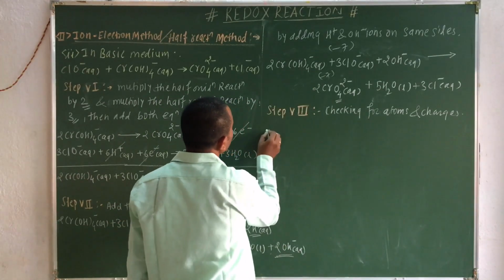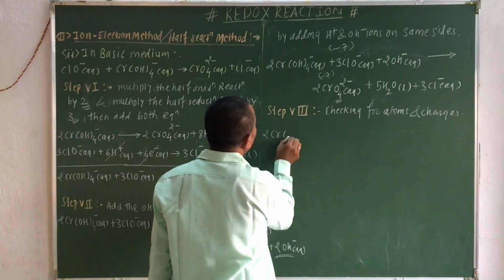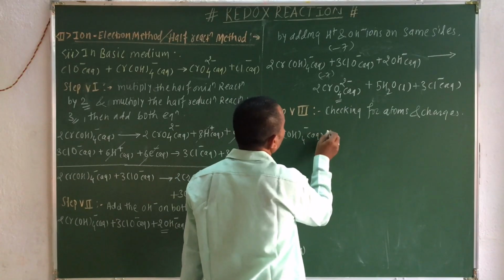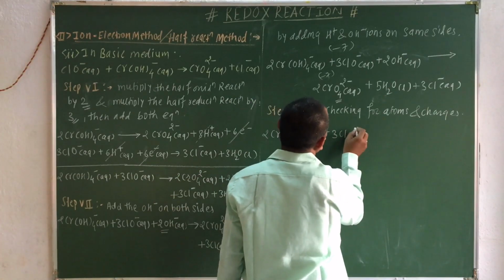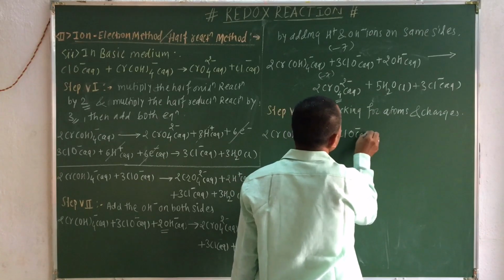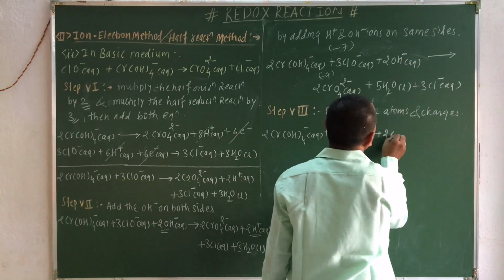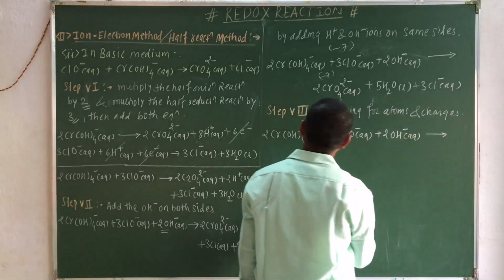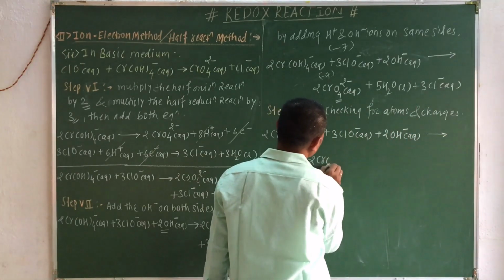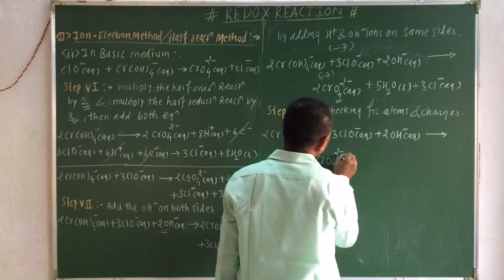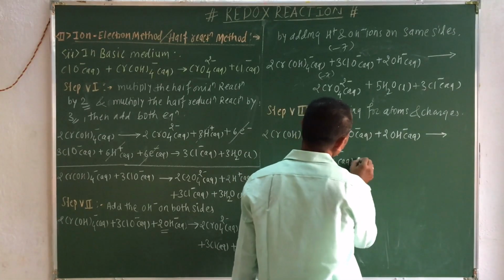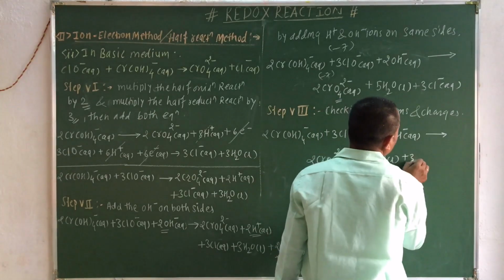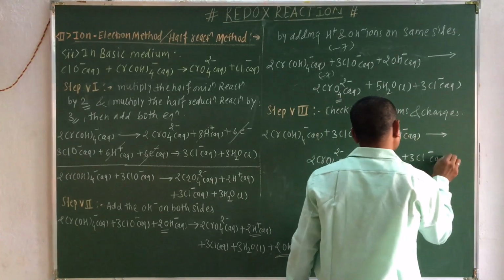So again write down that equation as it is: 2 Cr(OH)4⁻ aqueous plus 3 ClO⁻ aqueous plus 2 OH⁻ aqueous gives 2 CrO4²⁻ aqueous plus 5 H2O liquid plus 3 Cl⁻ aqueous.